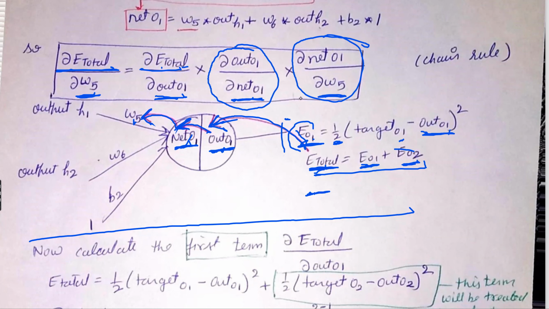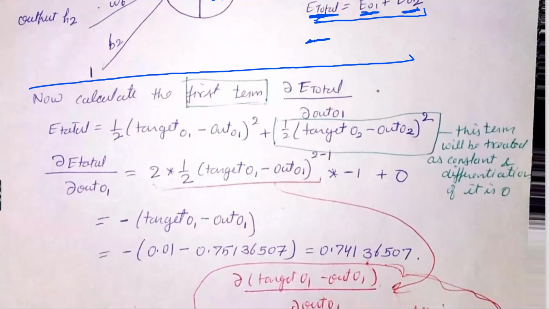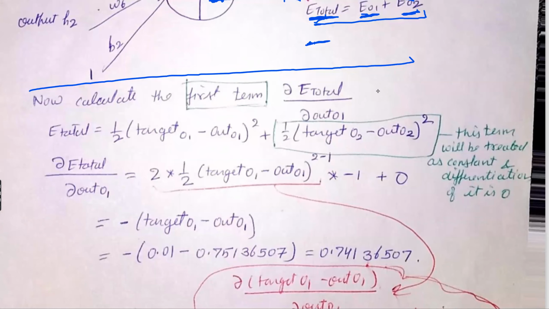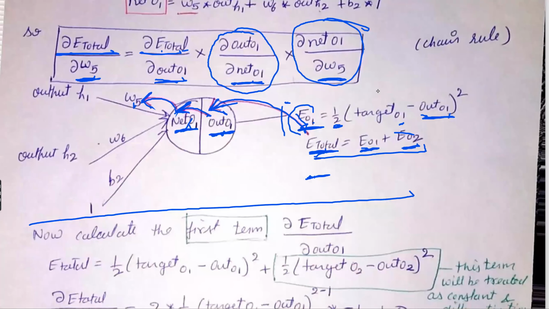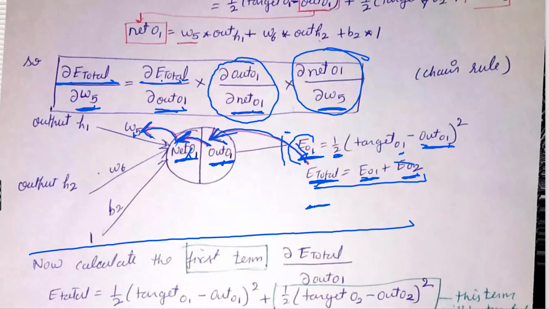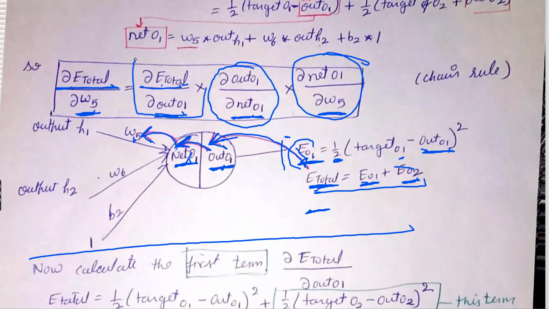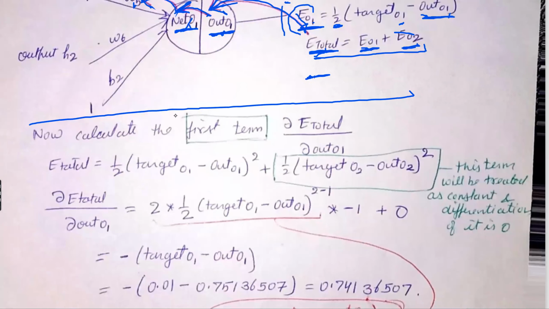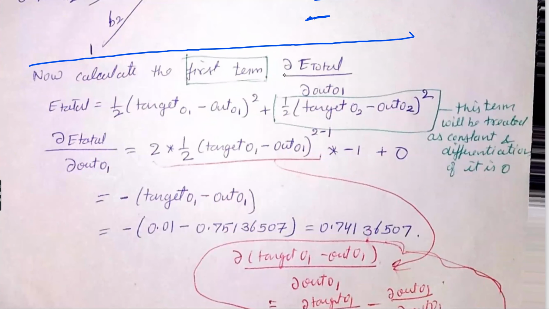All these differentiations we will calculate. First, we will calculate the first term, the partial derivative of E total with respect to output O1.